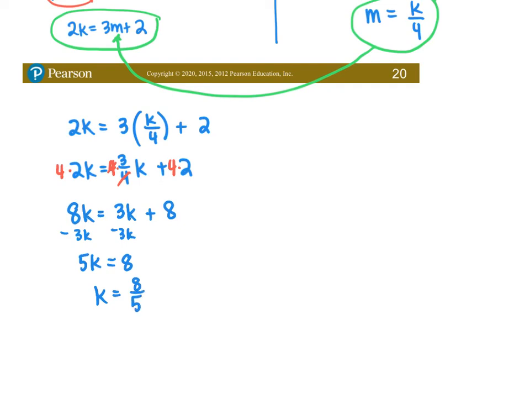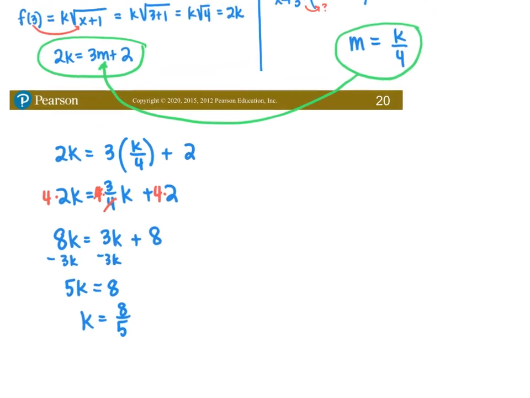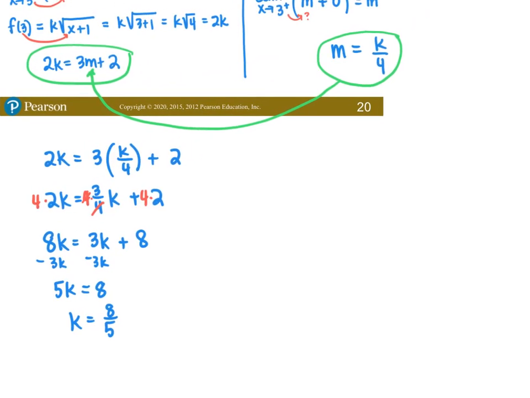But then what does that make m? Remember up here that m is k divided by 4. So if m is k divided by 4, that's the same thing as 1/4 k.